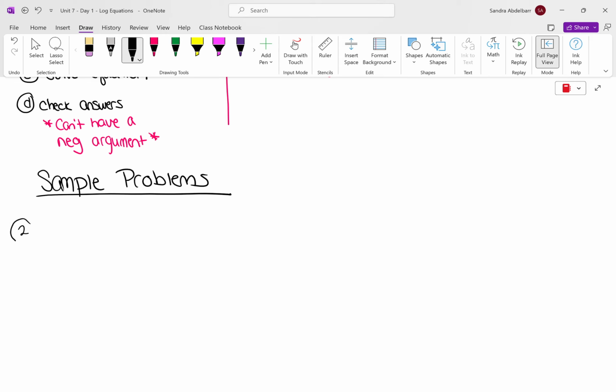Okay, let's say I have log base 2 of x plus log base 2 of 4 equals 5.